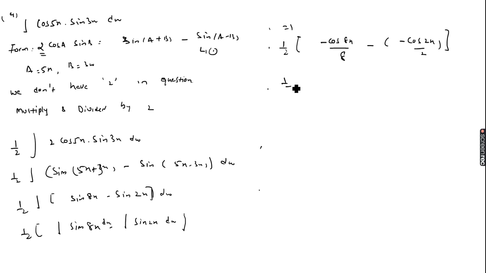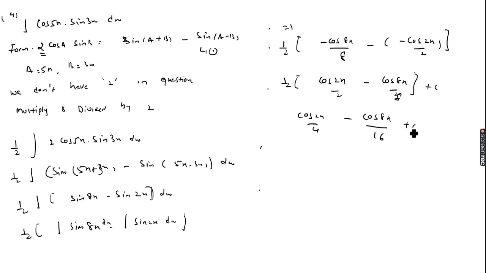So 1 by 2 into cos 2x by 2 minus cos 8x by 8 plus c. So we get cos 2x by 4 minus cos 8x by 16 plus c.